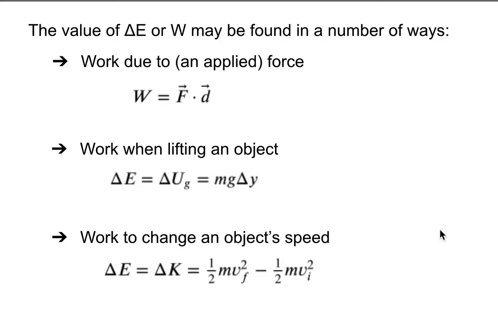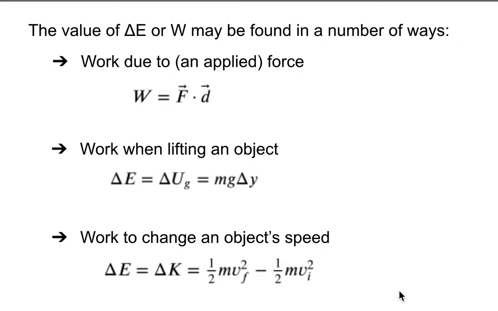You have to think about what the final kinetic energy is, what the initial kinetic energy is. Again, here I'm showing it with F for final and I for initial because some people prefer that. Some people just like to use V and V sub O. Okay, so it's kind of just a preference as to what makes more sense to you.